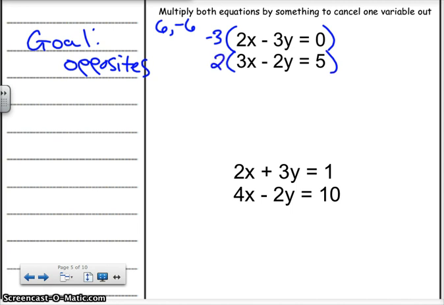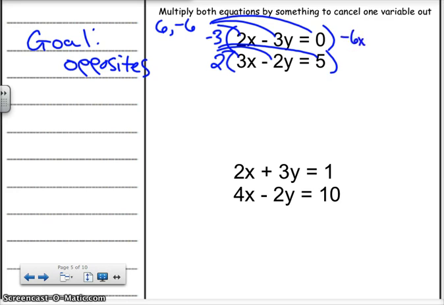Okay, so now I'm going to distribute everything all in one. Austin just asked, can he put the negative on the 2? Absolutely. It doesn't matter. I usually just do my negatives right away. So I'm distributing. I get negative 6x.